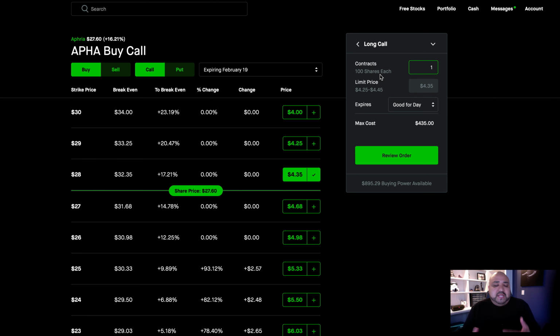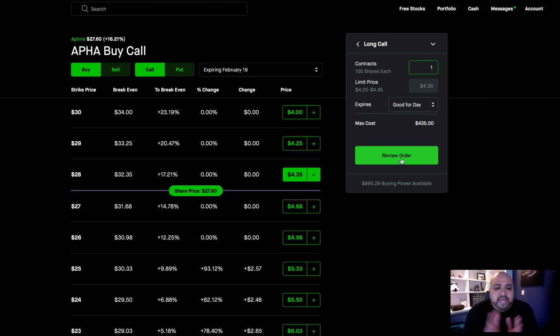That's where you make most of the money, because you're buying 100 shares. Each contract is 100. For the one that I bought today, I bought 5 contracts, which was 500 shares.